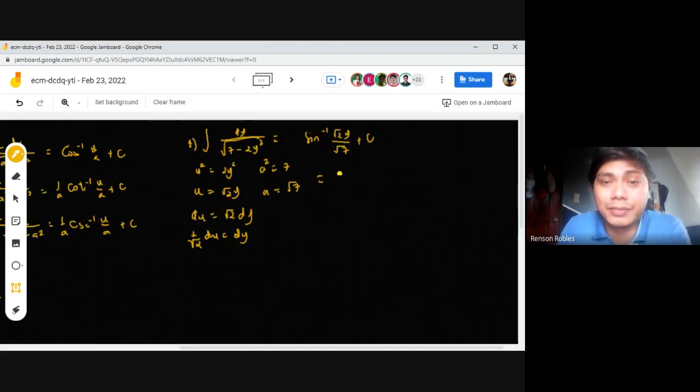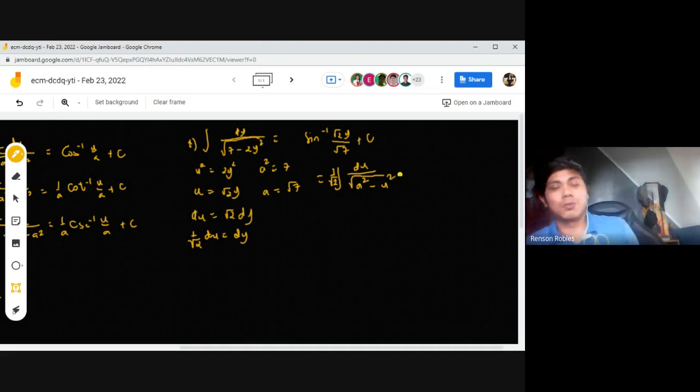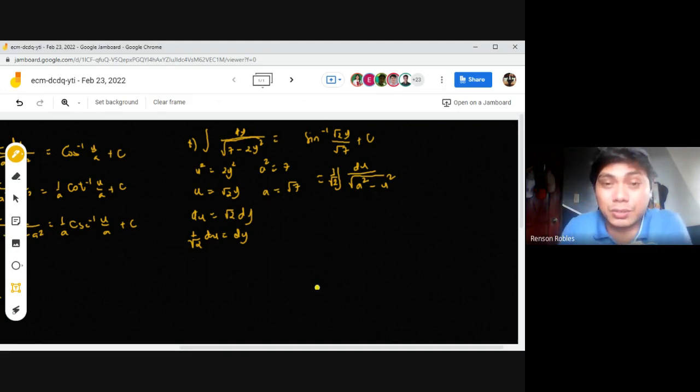Okay? So you have integral of dy, that is 1 over square root of 2 du all over the square root of 7 minus 2y squared. So that's 1 over square root of 2 integral of du all over the square root of a squared minus u squared.